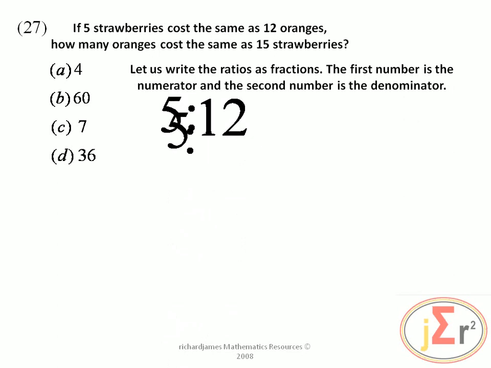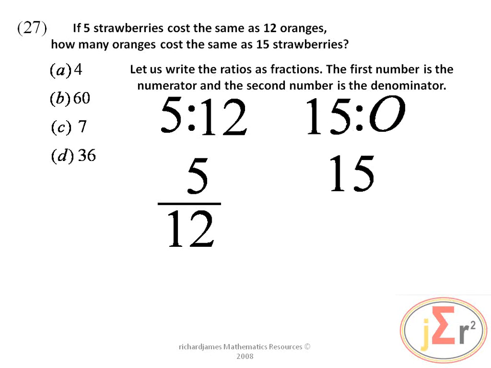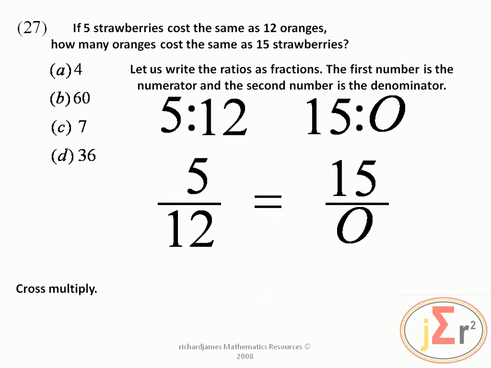So five twelfths, and 15 divided by O, or 15 over O. So let us equate them and cross multiply.